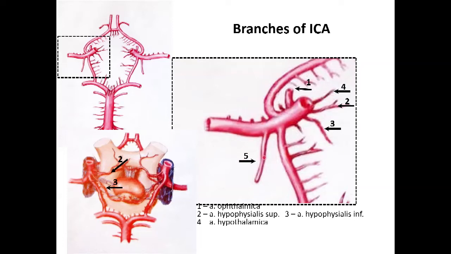And this large vessel, number 5, is Arteria choroida anterior. I hope you remember that inside of the brain there are lateral ventricles, and inside of lateral ventricles we can find plexus choroidus, and plexus choroidus is supplied arterially by Arteria choroida anterior.